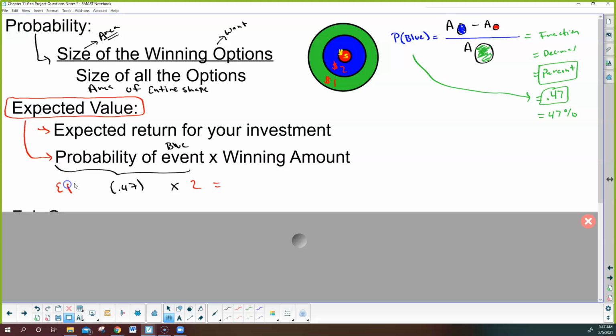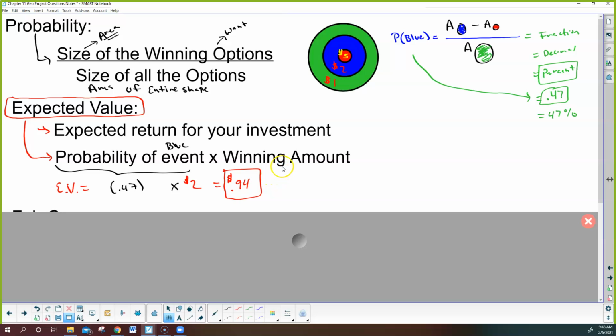I'm going to call this EV for expected value. So it's the probability of your event, that's what you guys are calculating, times whatever you decide the winning amount is. In this case, we decided it was $2. So I'm going to do 2 times 0.47, and that means the person playing this game would expect to win 94% back by hitting the blue, 94 cents back.